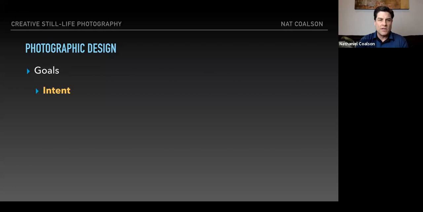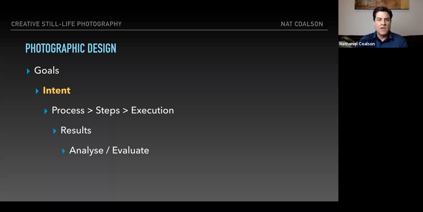You need to be really careful to understand what it is that you're trying to accomplish. Once you know what your intention is, then you set about these steps. You're going through a process, trying to execute something specific, which brings you to the results. And then ultimately you need to evaluate these results to make sure that they're in line with your goals. And then you repeat the process.